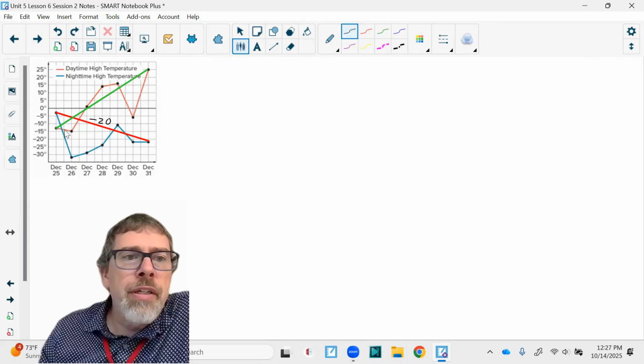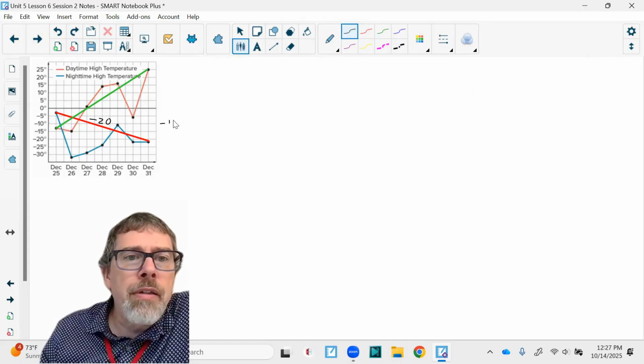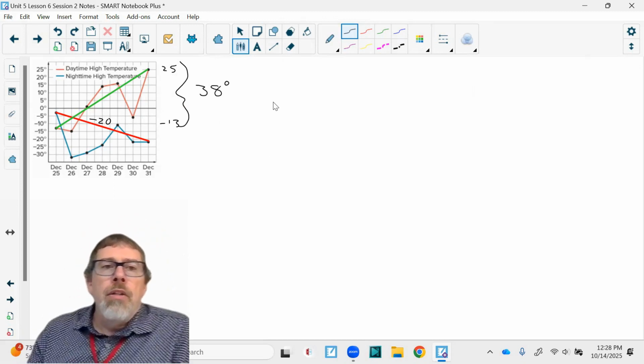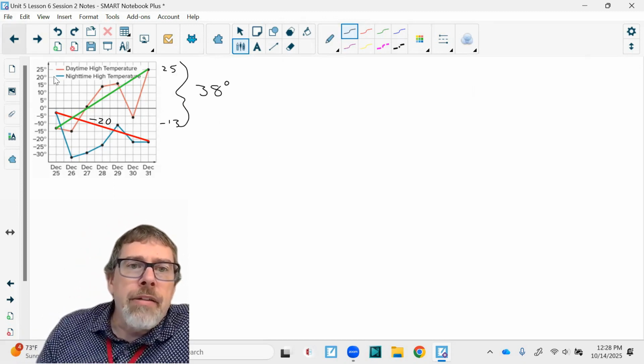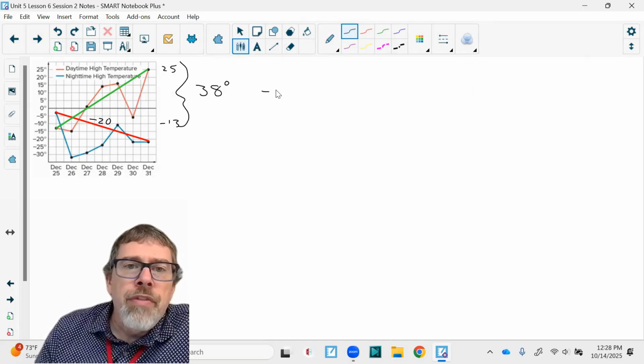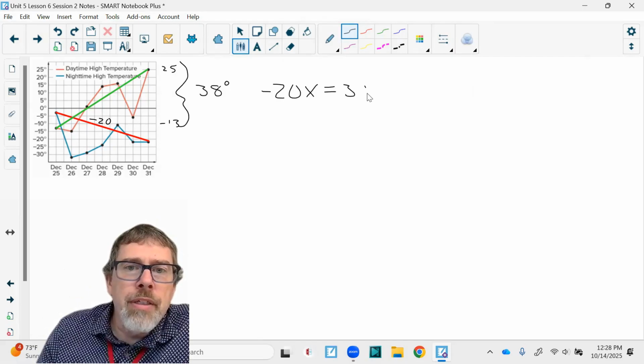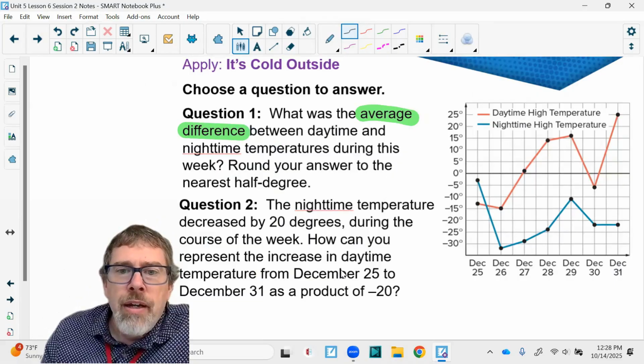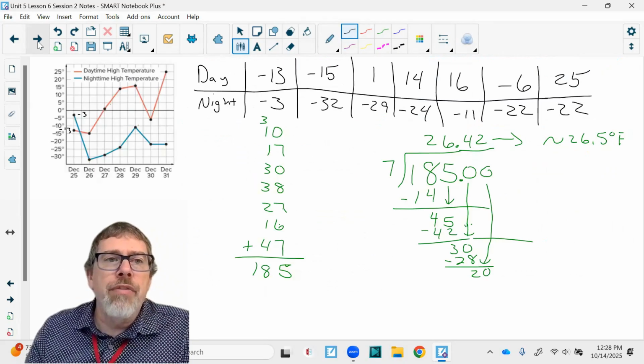And that difference is it went from -13 all the way up to 25, and that is a spread of 38 degrees. So if I represent the value, I'd say -20 times some number equals 38 degrees. Okay? If I'm interpreting that correctly, how can you represent the increase in daytime temperatures from the 25th to the 31st as a product of -20?